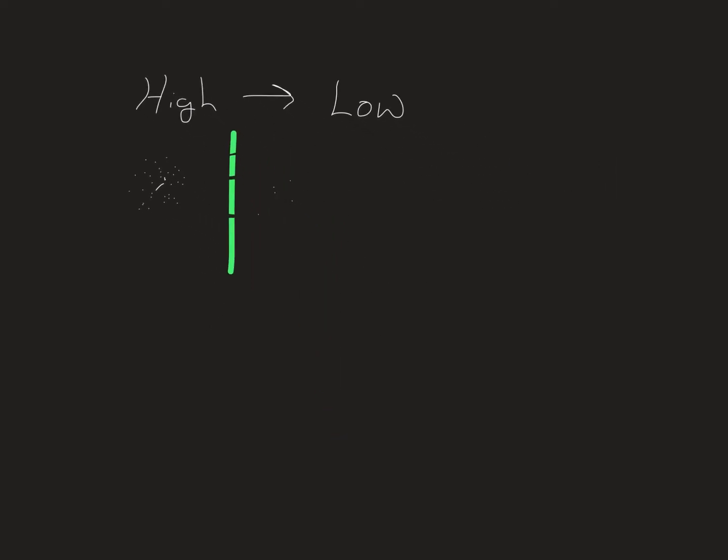That things move from high to low on their own because of average kinetic energy. And we measure average kinetic energy in the form of temperature.